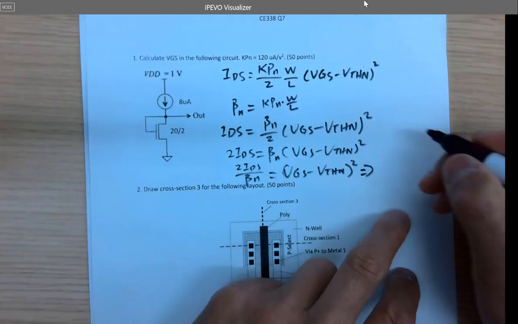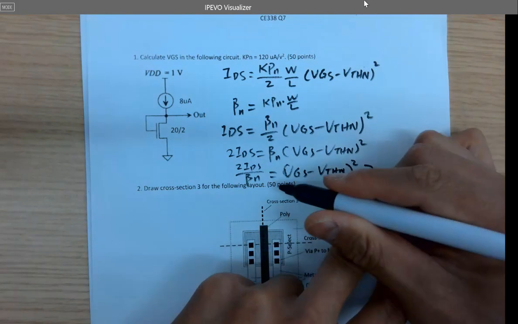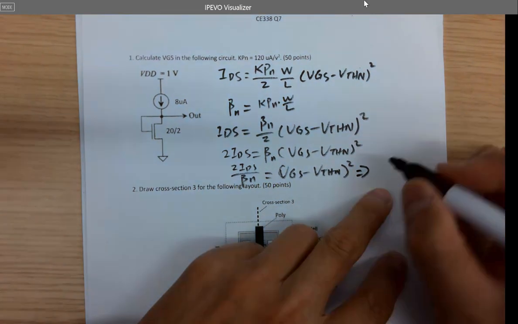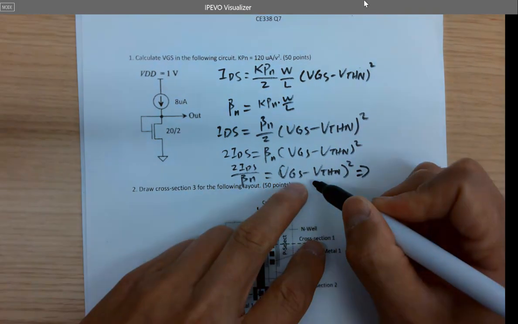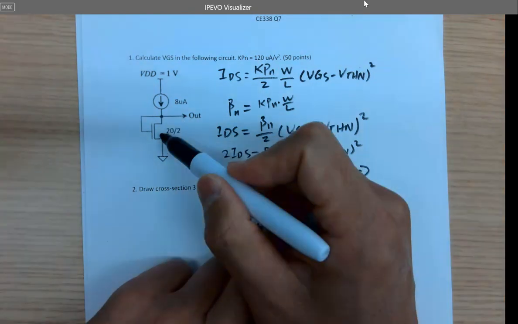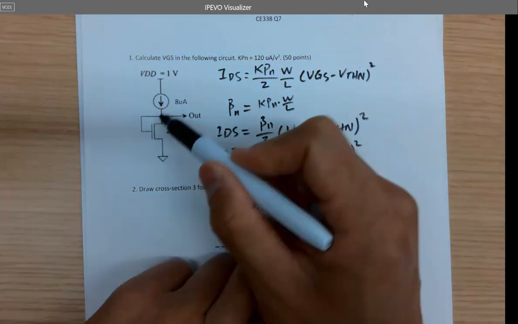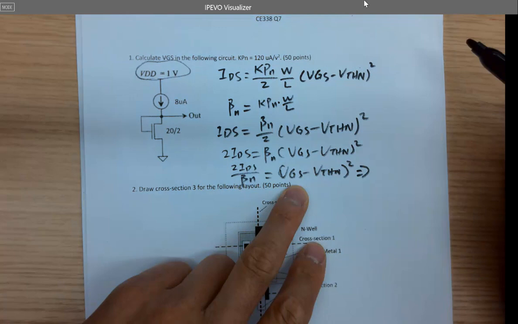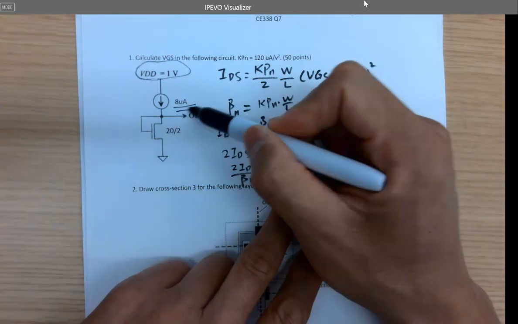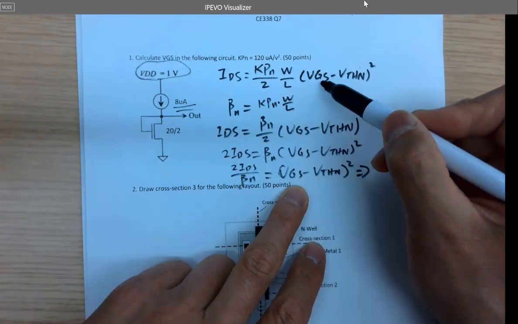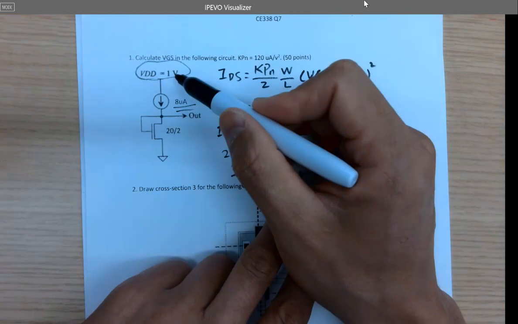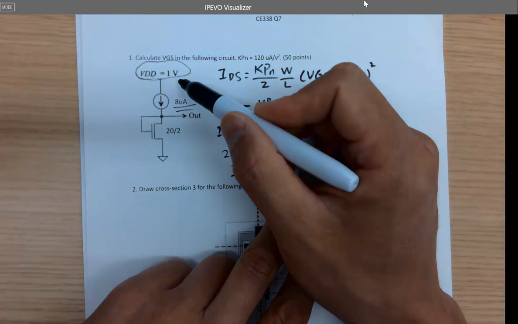And then square root for both sides of the equation, because I know this is positive, right? This is operating in the saturation region. So this really doesn't matter because this is already given. If I have IDS, I can find VGS. So you don't have to consider this at all in this case.